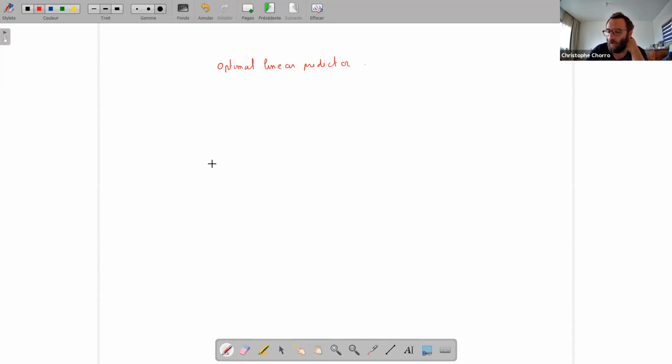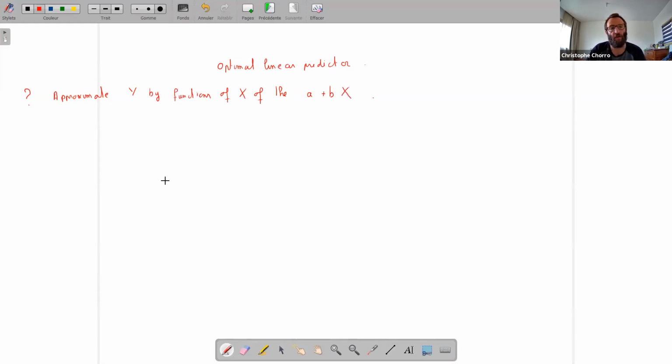Now, what I want to do is approximate y, not by a constant, not by all the functions of x, but by a very particular function of x, by functions of x of the form of an affine function, that is of the form a plus bx.